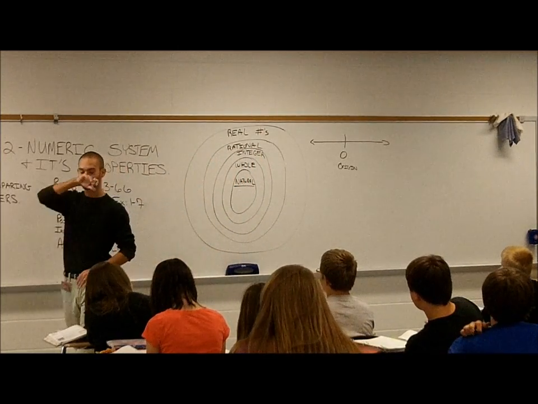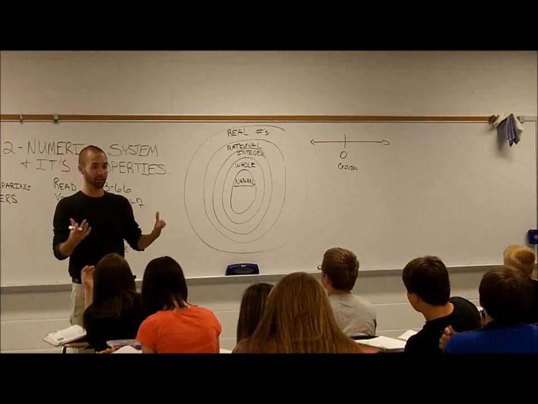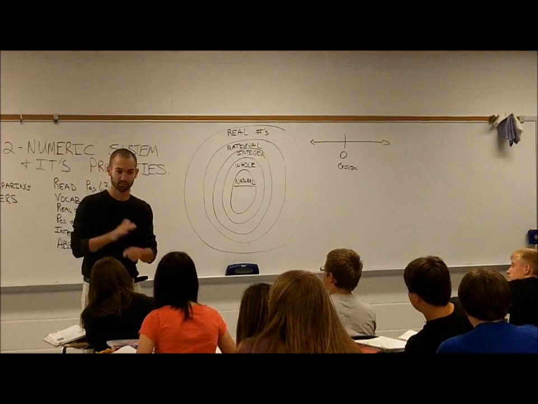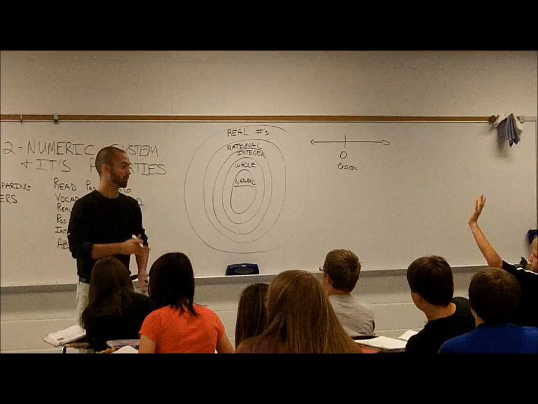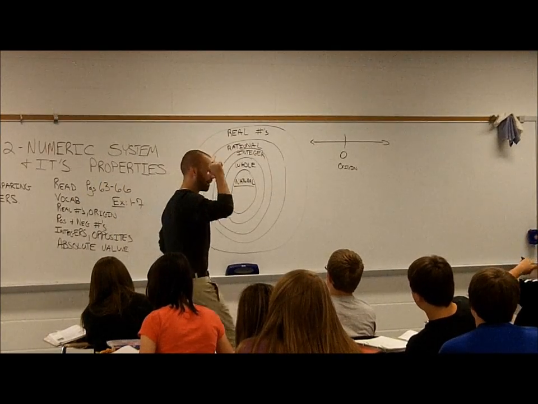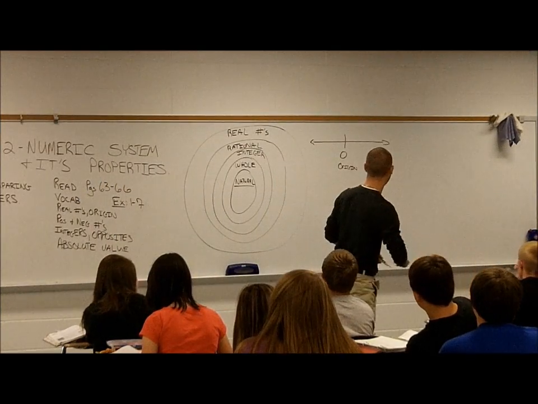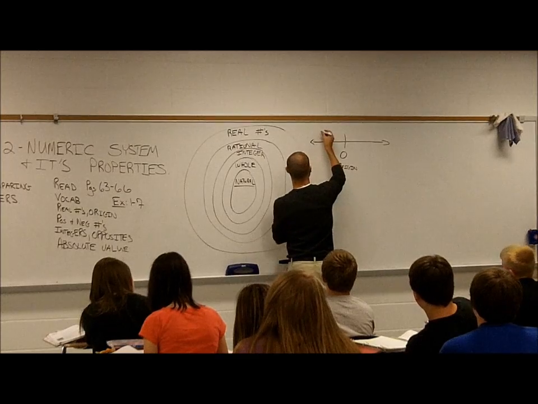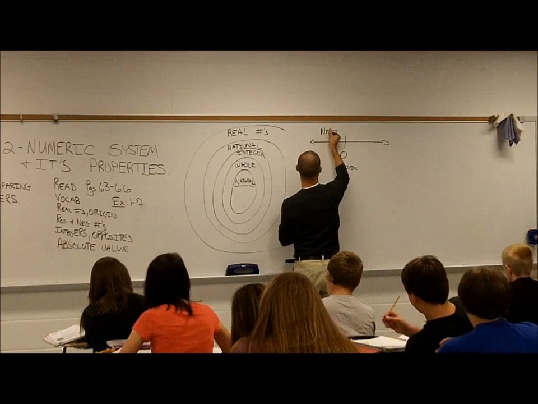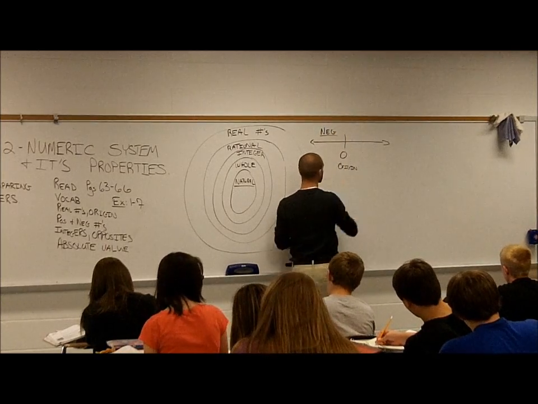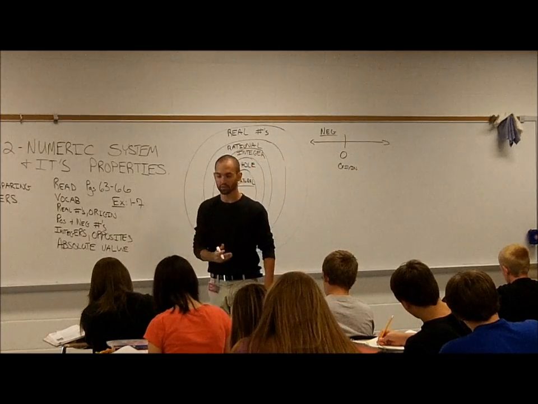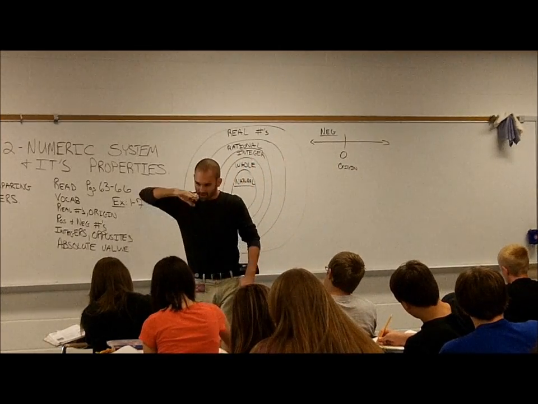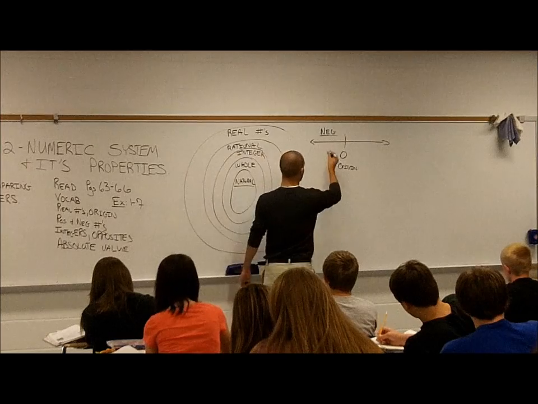Well, what else? What does the origin do? What's its main purpose? It separates negative and positive. Oh, very nice. It separates the negative numbers. What sign do we use to represent negative? The subtraction symbol. Okay.